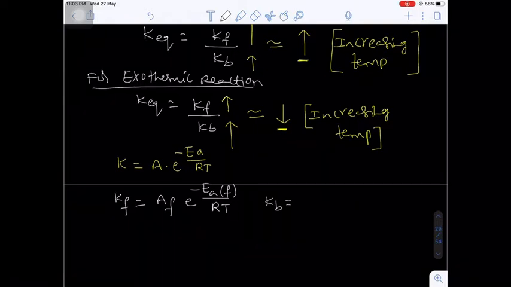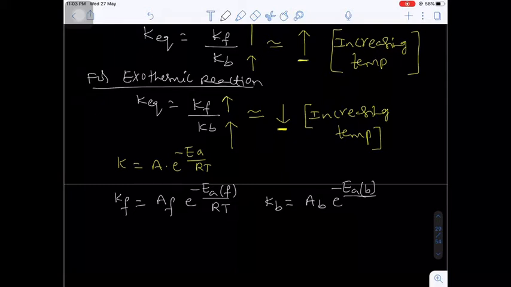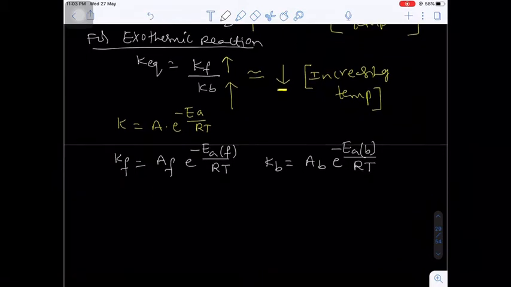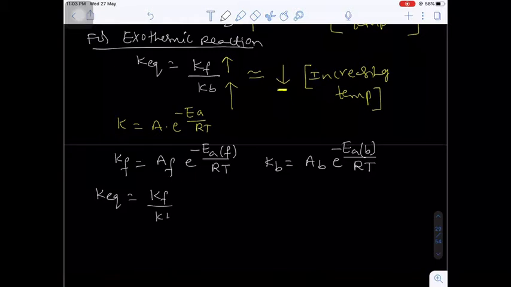F stands for forward reaction. Similarly, for the backward reaction, Kb is equal to AB e to the power minus Ea(B), the activation energy for the backward reaction, whole divided by RT. Okay. Now what is the K equilibrium formula? Kf by Kb. So what I am writing here?